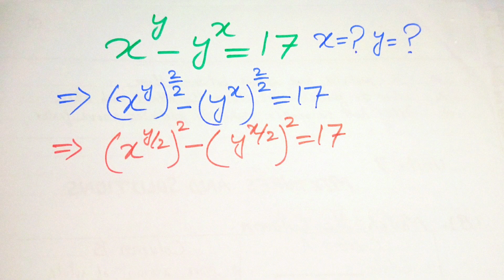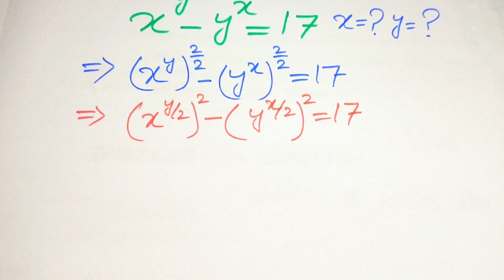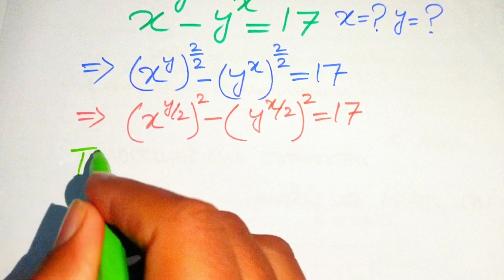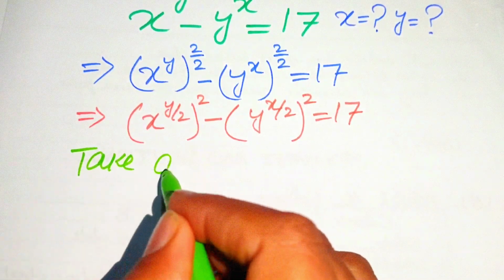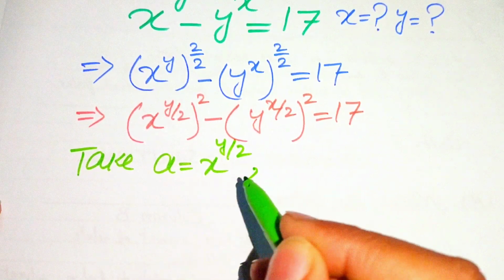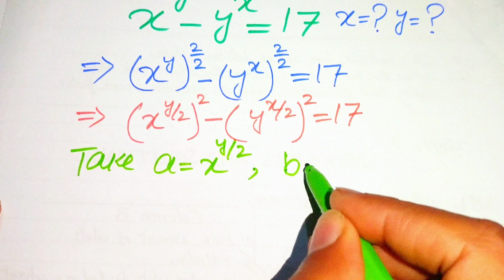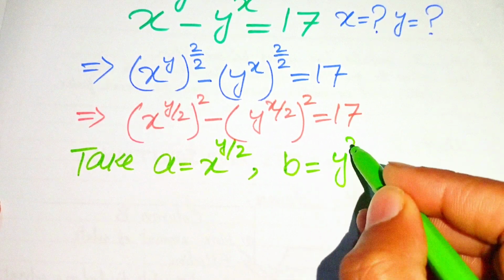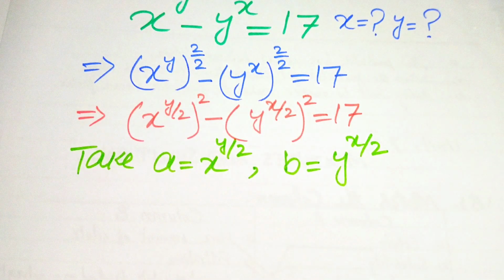Now in the next step we make some substitutions. First we take a equals x to the power of y over 2, and we take b equals y to the power of x over 2.